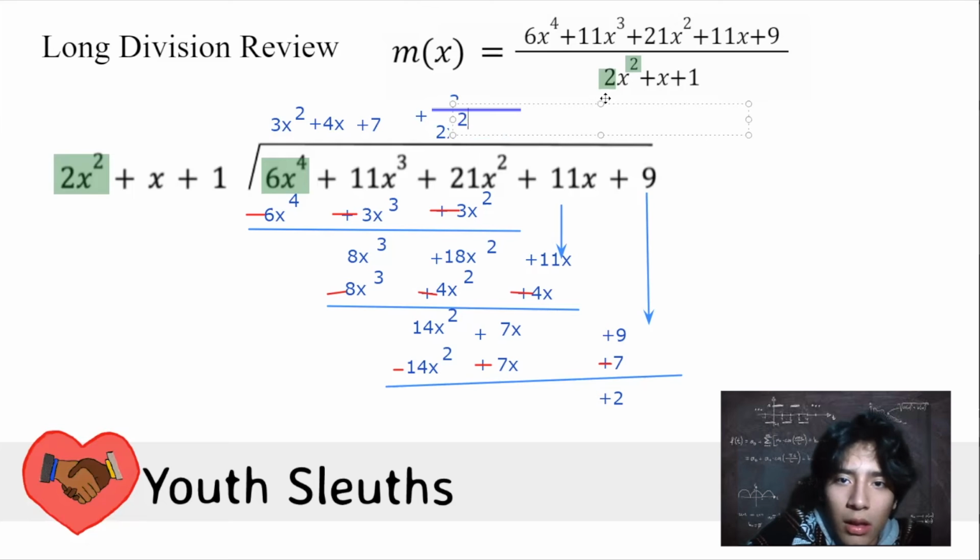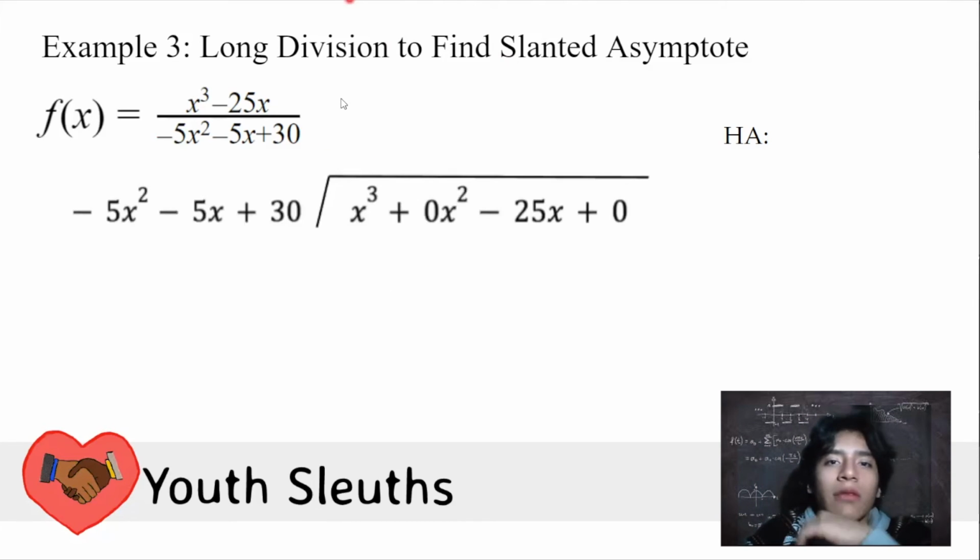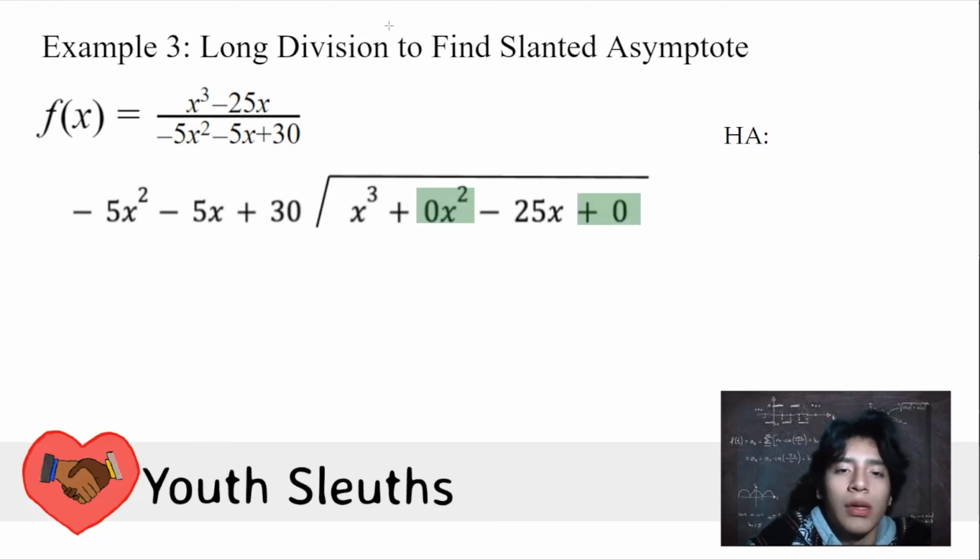Now, let's apply long division onto our example from before. We are going to apply long division to our example to find our slanted asymptote. And first we are going to rewrite it. The first thing I want to point out is that we have a 0x squared and a +0.